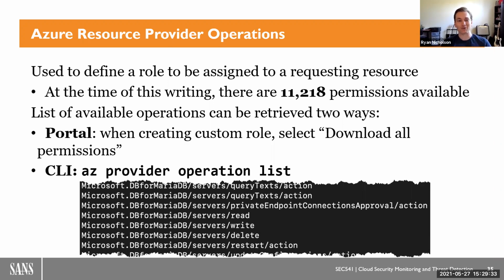I first want to talk through Azure's APIs, right? So Azure calls their actions, if you will, the thing you're trying to do in their environment, a resource provider operation. Again, just a fancy way of saying, what is the API call that's going to occur in that environment? So if I'm creating a virtual machine, for example, using the Azure portal, I'm going to be sending a series of these operations towards that Azure API endpoint.